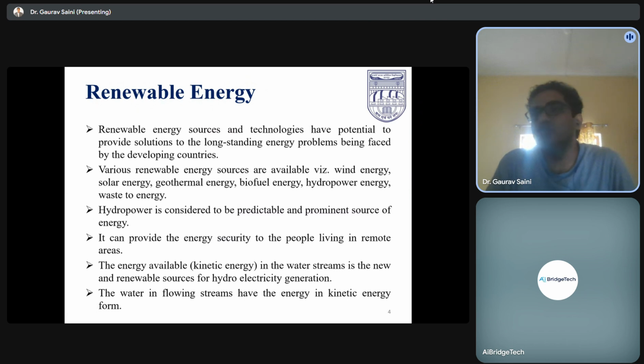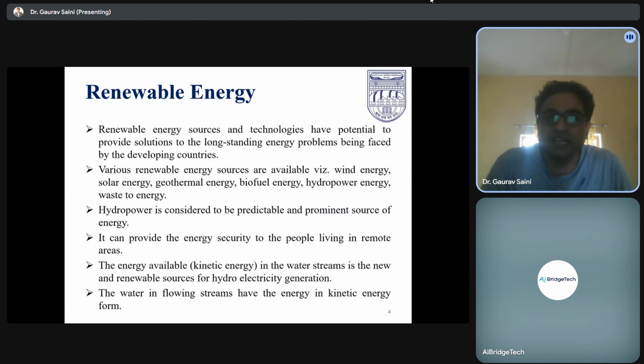If we talk about renewable energy, a lot of sources and a lot of potential are available in India, that may be wind energy, solar, geothermal, biofuel, hydropower, or waste to energy.